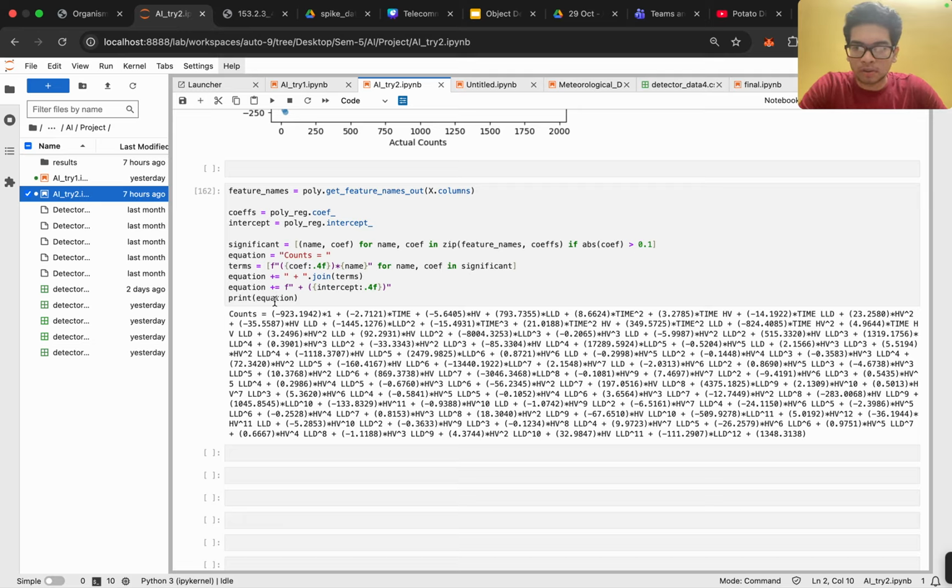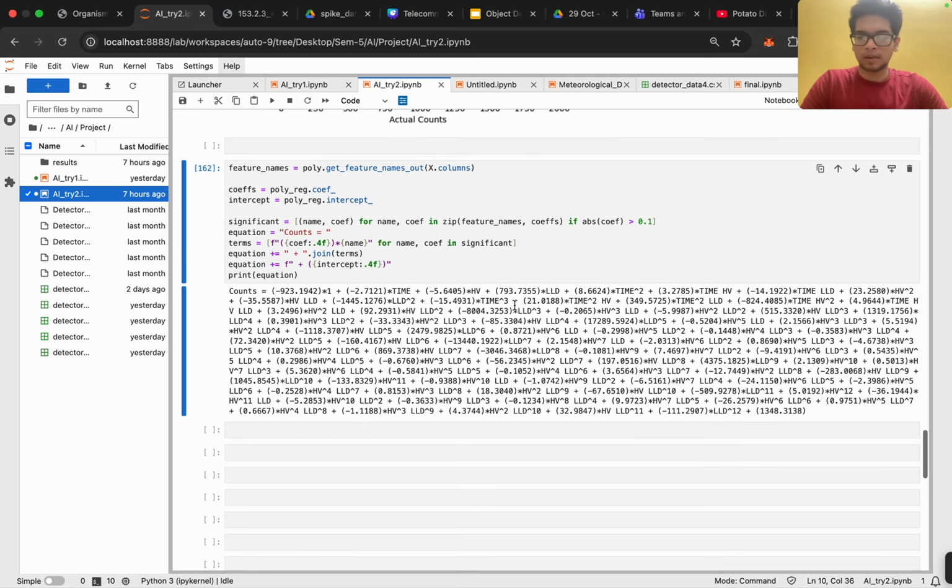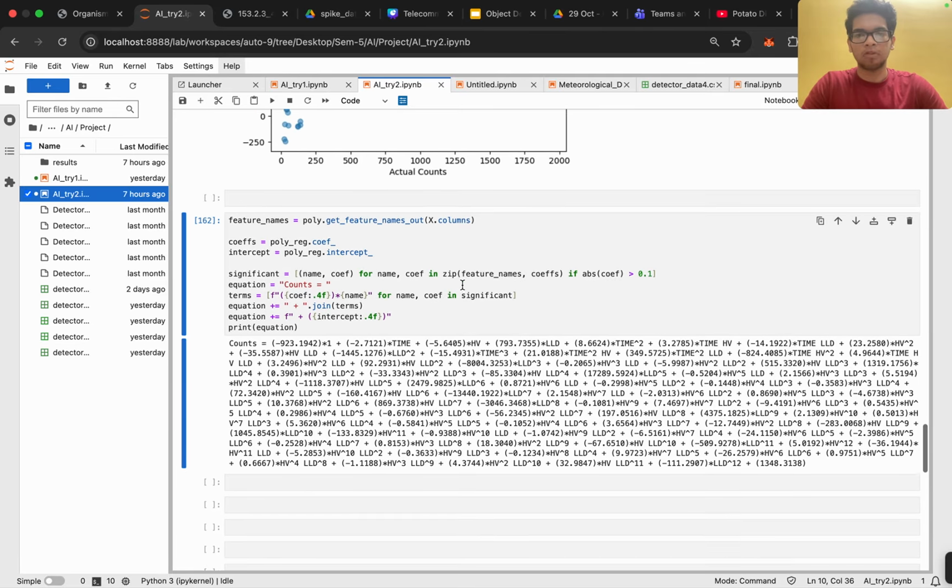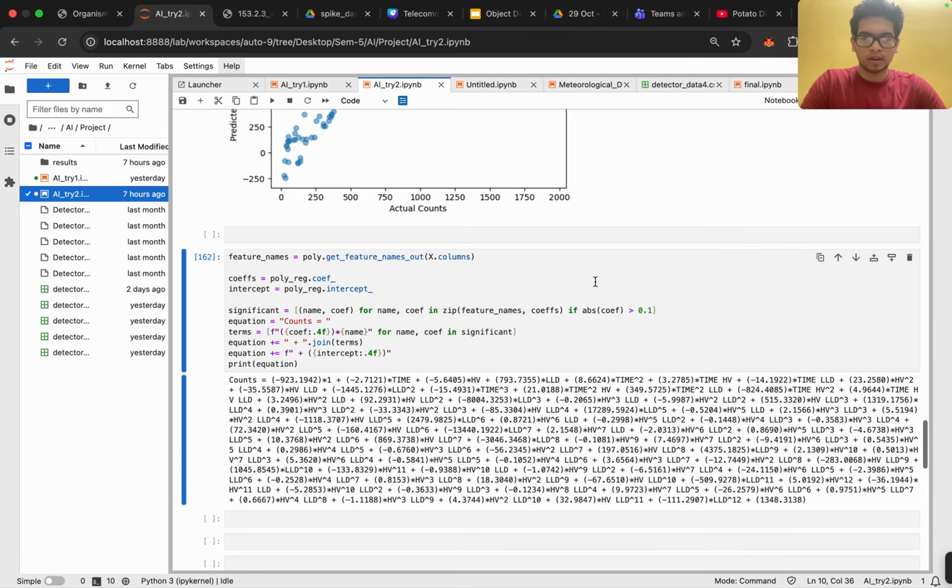So here I can see a constant term, plus first degree of time, voltage and LLD, plus second degree terms such as time into voltage, time into LLD, voltage square, and so on up to the 12th degree. So this is the final equation which was predicted by the 12th degree polynomial regression.